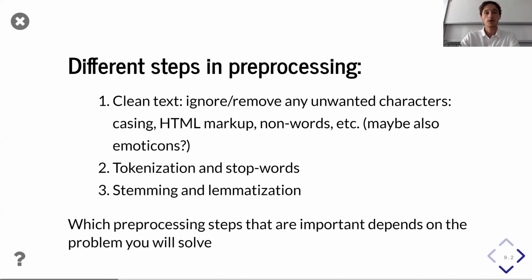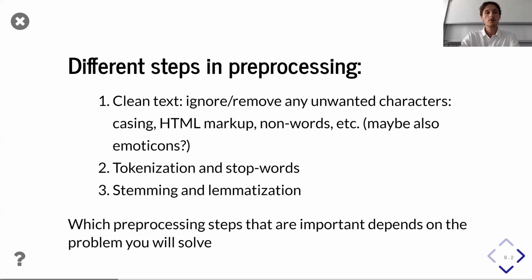And perhaps we can also drop emoticons, but sometimes we don't want that. Second, we can do what is called tokenization, and I will talk more about that later. And we can also remove stop words, which I will also talk more about. And third, we can stem and lemmatize the words, and I will also talk more about that.